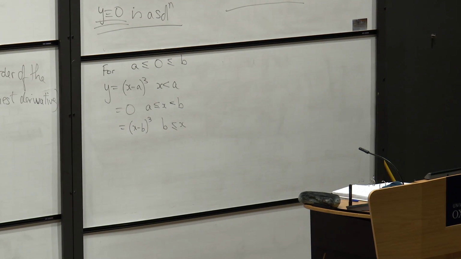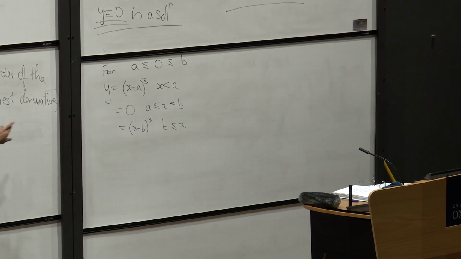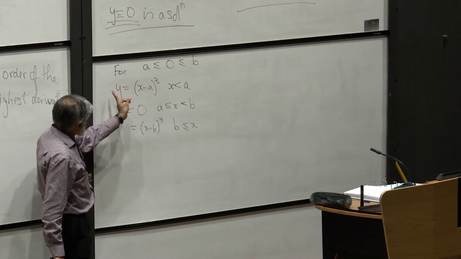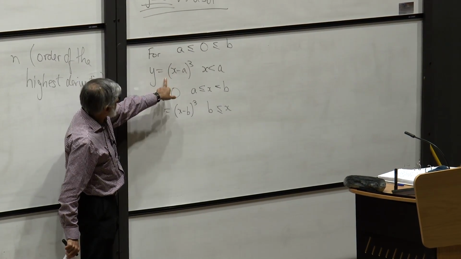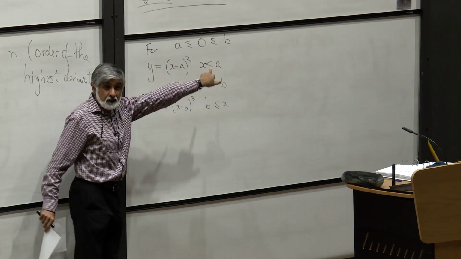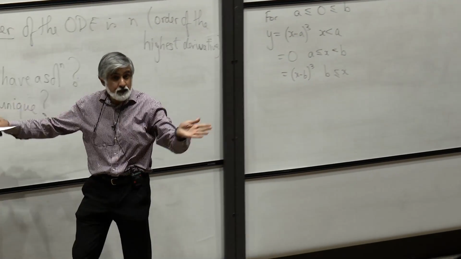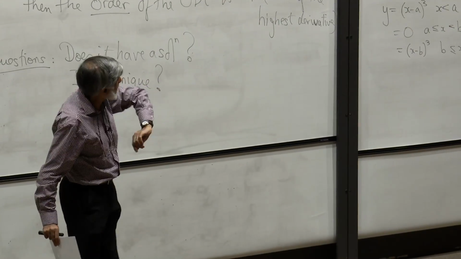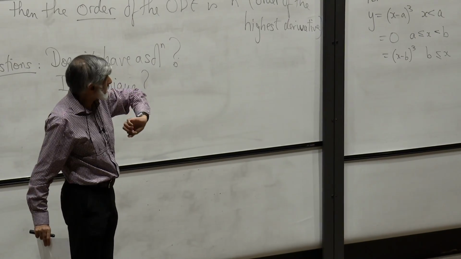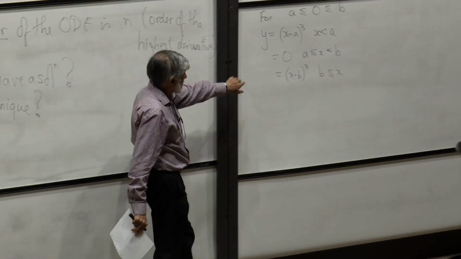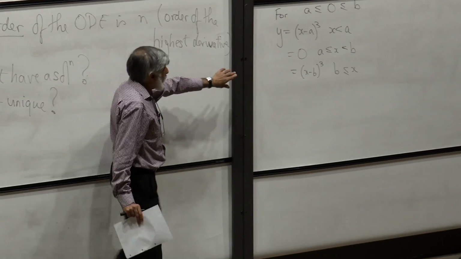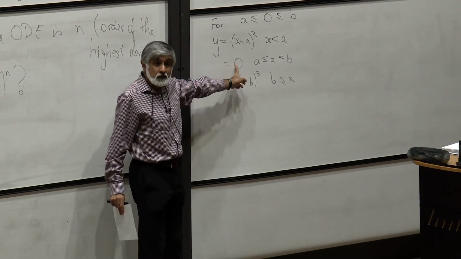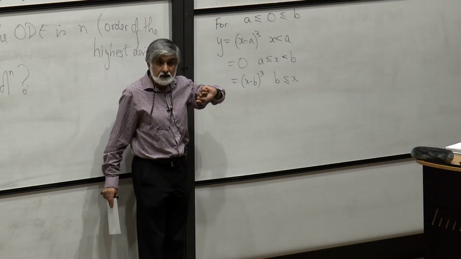So let's just check. Well, again, if you differentiate this, you get dy by dx is 3(x minus a) to the 2/3, so that's fine, it satisfies the equation. y equals 0 satisfies the equation. This satisfies the ODE, and y of 0 is 0. So that satisfies it. Okay?